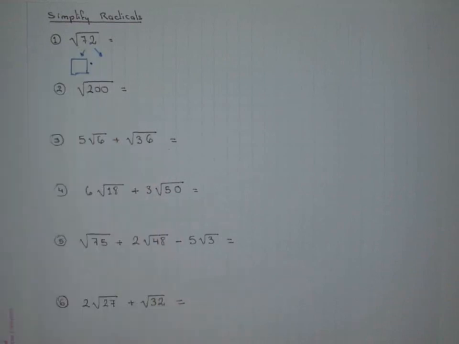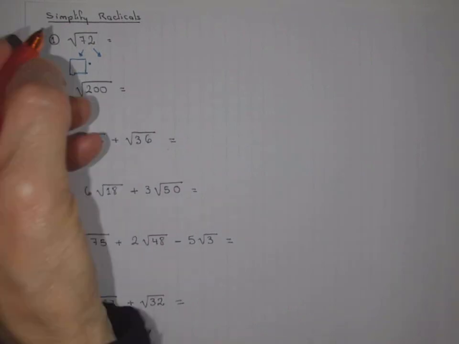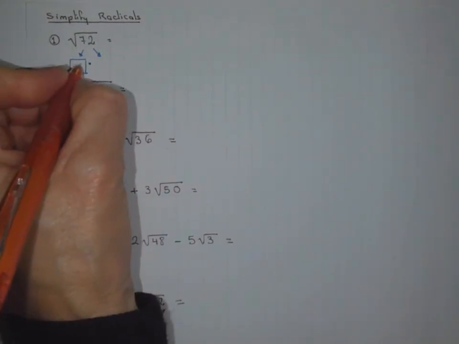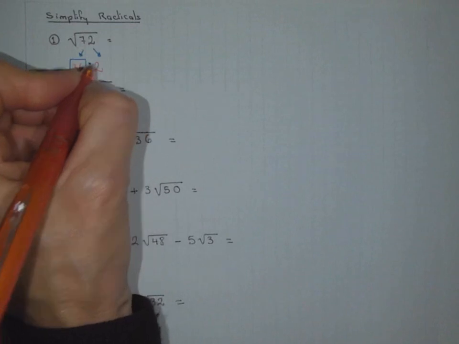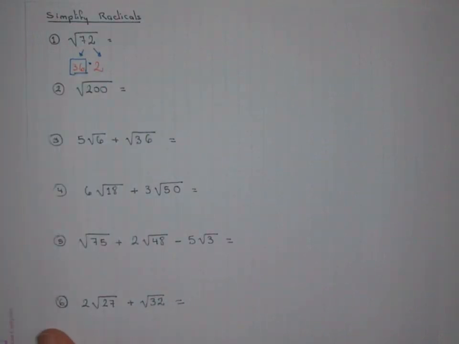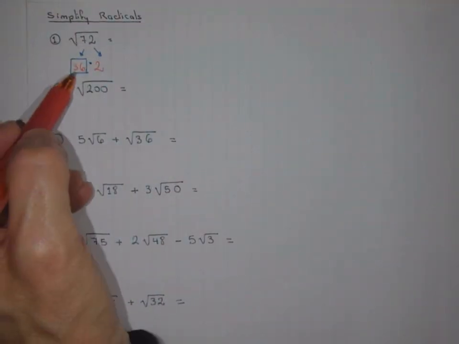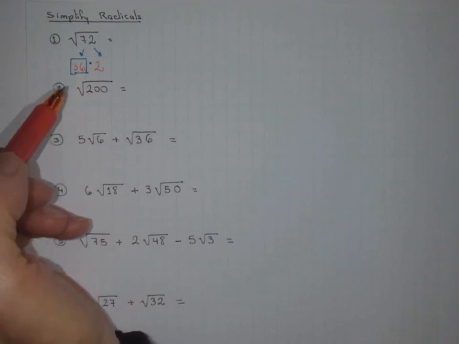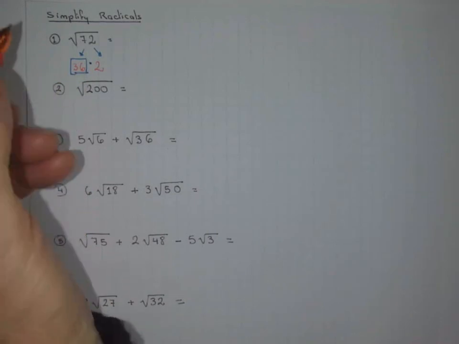Which numbers could I multiply to give me 72, where one of them is a perfect square? Well, 72 is the same thing as 36 times 2. 36 times 2 is 72. And 36 is a perfect square.